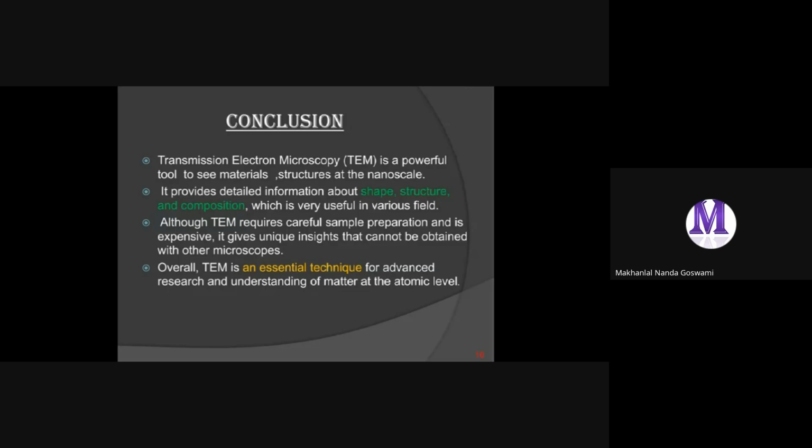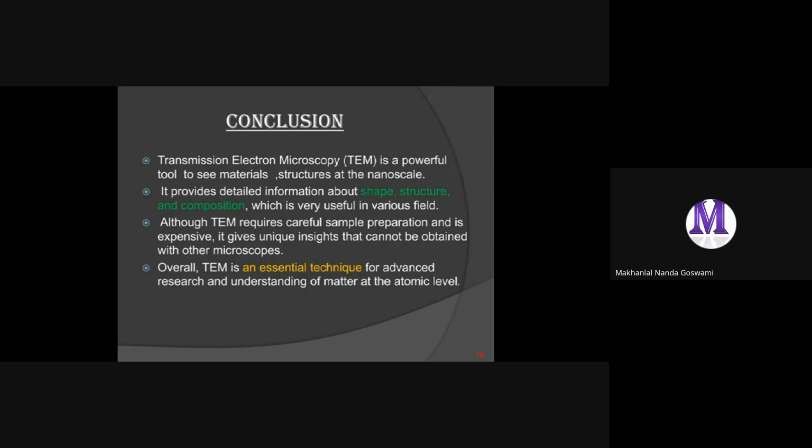Moving on, let me conclude the presentation. TEM is a very powerful type of microscopy that uses electrons instead of light to look at very tiny things. Because electrons have a smaller wavelength than light, TEM can see much smaller details, up to 1,000,000 times smaller than what a regular microscope can see.